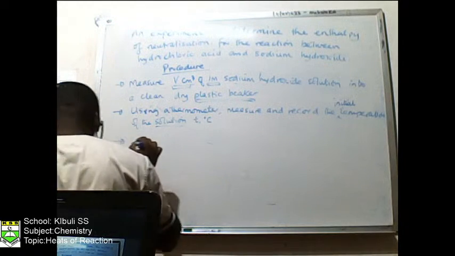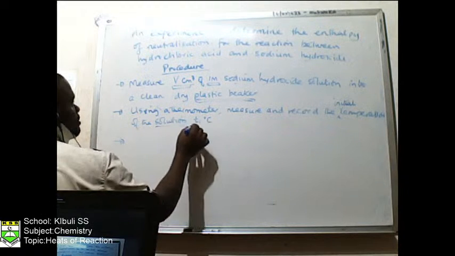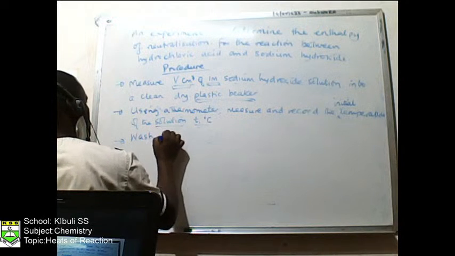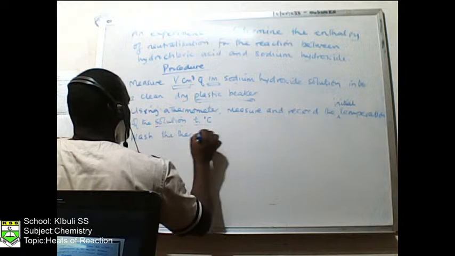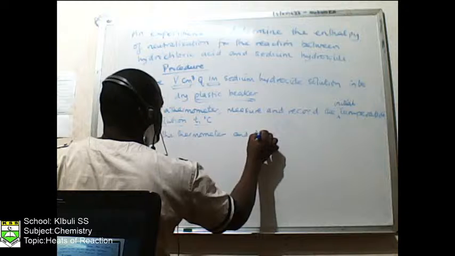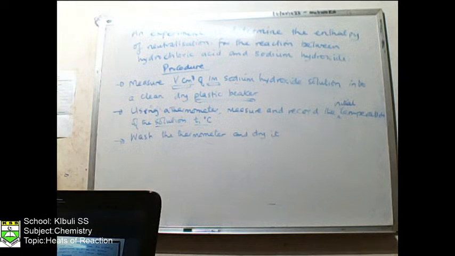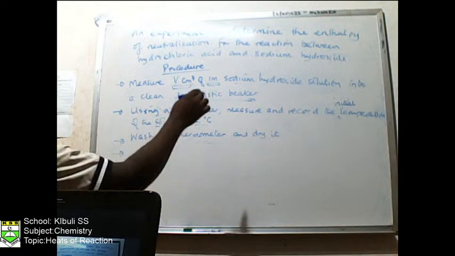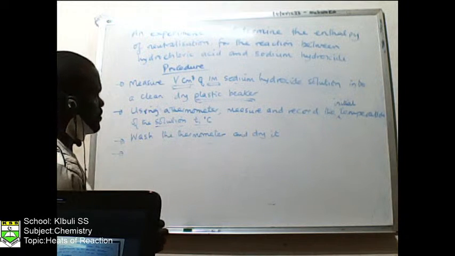Then after measuring the temperature, you wash the thermometer and dry it, because this is the same thermometer which we are going to use to measure the temperature of the hydrochloric acid. So we need to make sure that it does not contain sodium hydroxide.